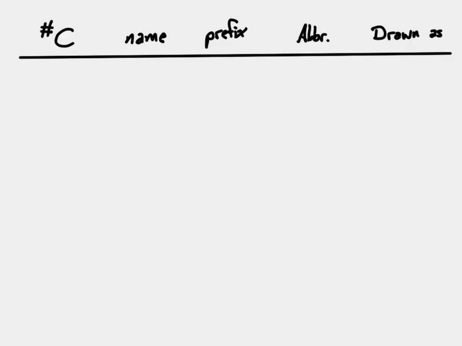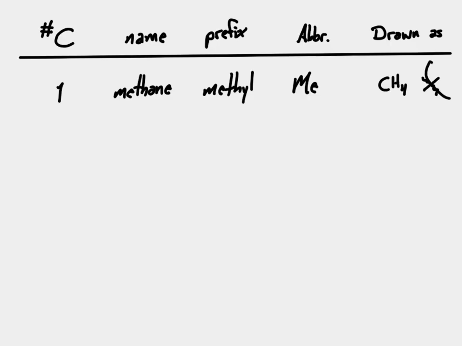So if you look at the number of carbons, the name, prefix, abbreviation, and how it's drawn. First, as we talked about before, is methane, and we call that methyl. We abbreviate it as Me. Typically we'll just draw out CH4, or if there's a methyl group bound to something else, sometimes we'll just have it as the end of the line.